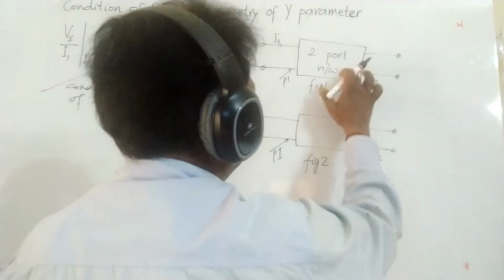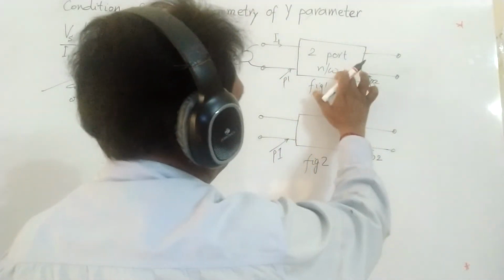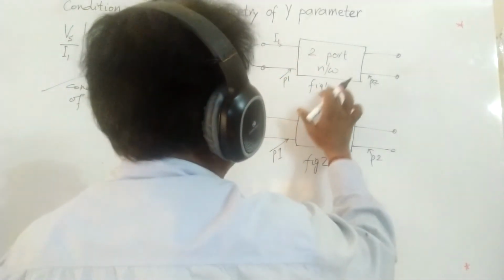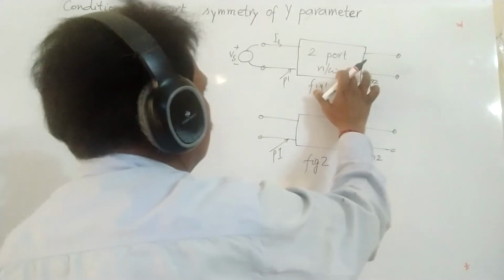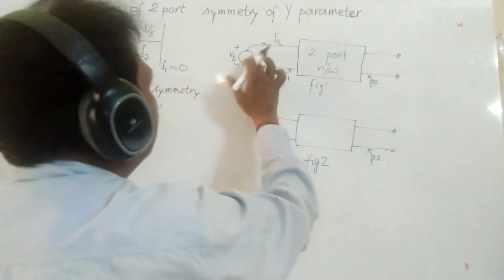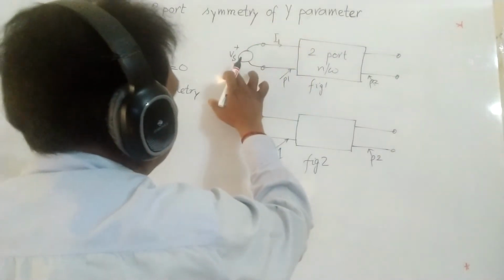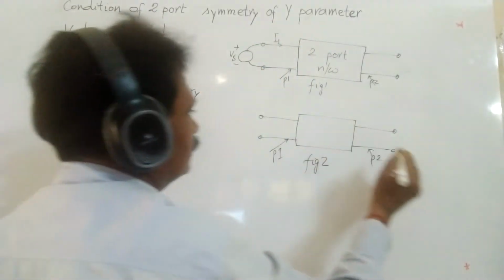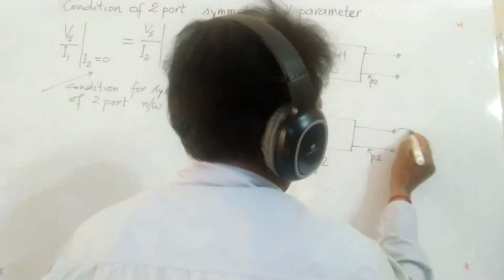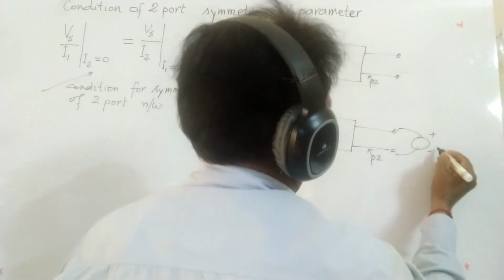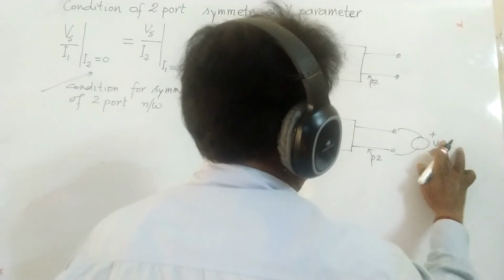The two-port network is the same in figure 1 and figure 2. In figure 1, in this two-port network, we have connected port 1 with a voltage source, and this same voltage source Vs is connected here at port 2.